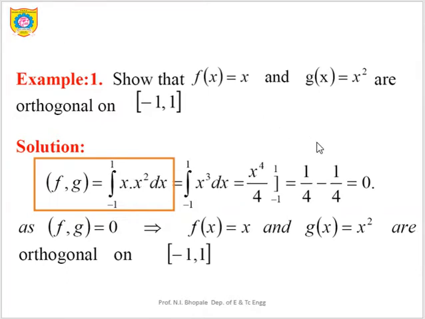So for this one we can just cross check over here. When you start the expression, f(x) and g(x) correlation, it will be integral from -1 to +1 because of the given interval, of f(x) into g(x). f(x) has the value x and g(x) is x square, so x into x square results in x cube dx.